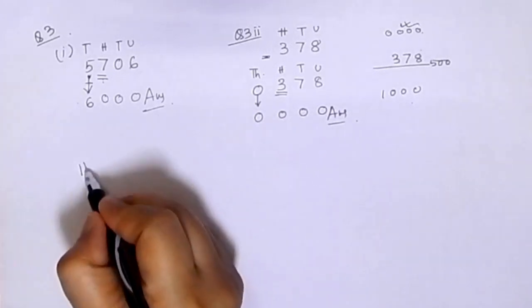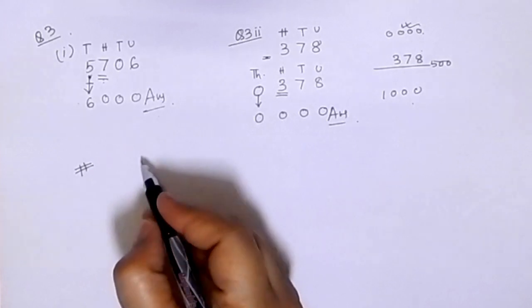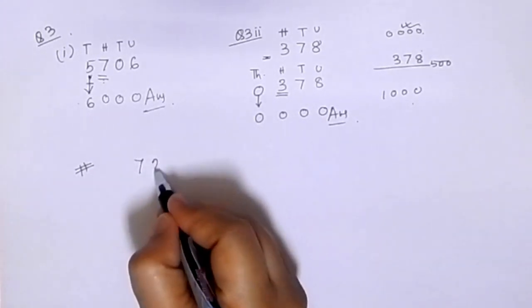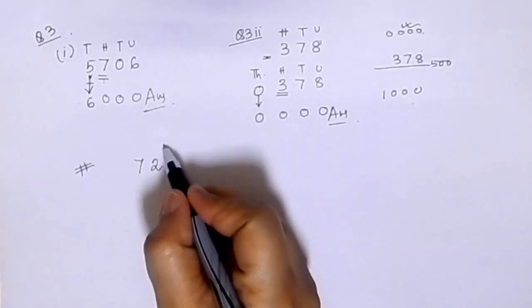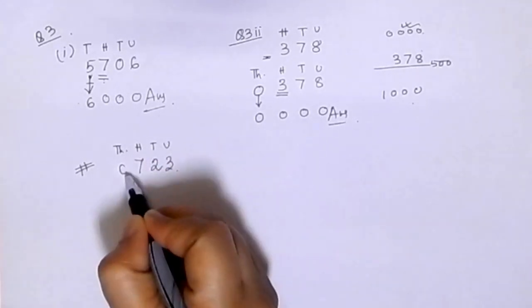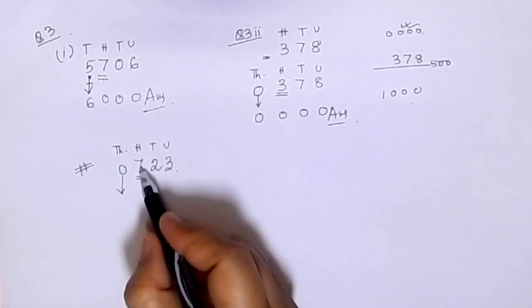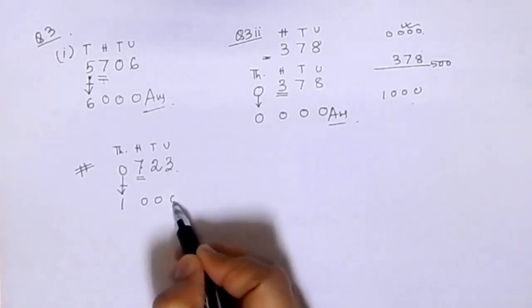But this is another example which is not there in the book. If this had been 723, and you were asked to round off to the nearest 1000, then what would happen? See this number, this is the rounding off place. This is more than 5, so this will increase by 1, and the rest will become 0.